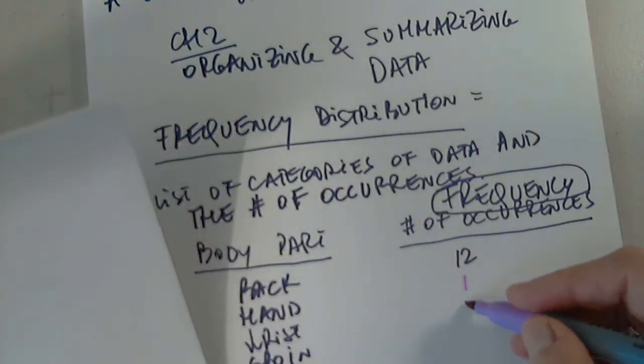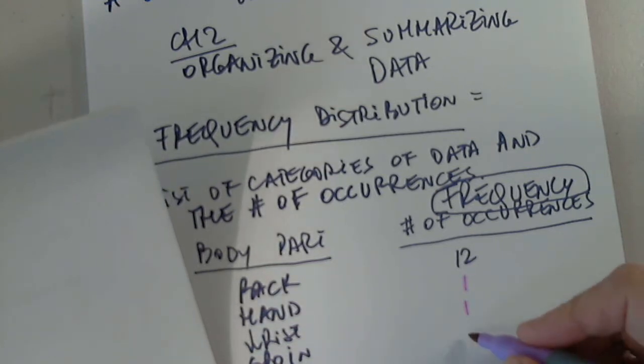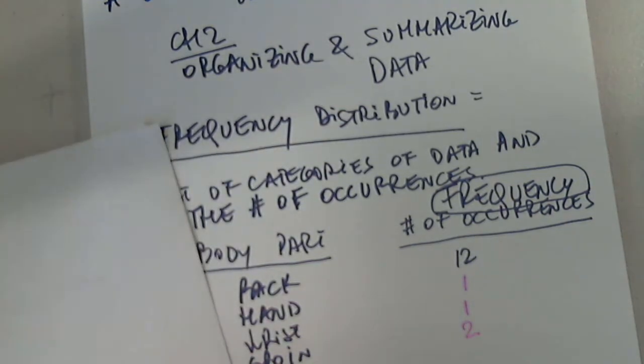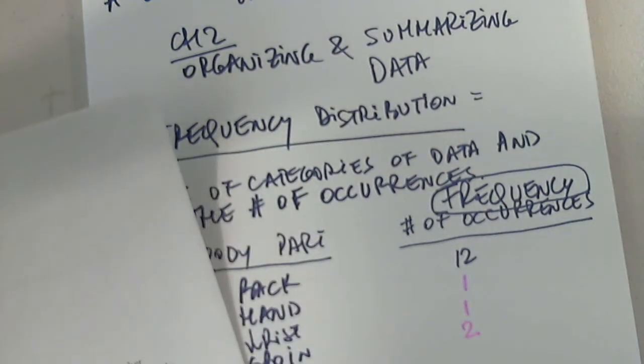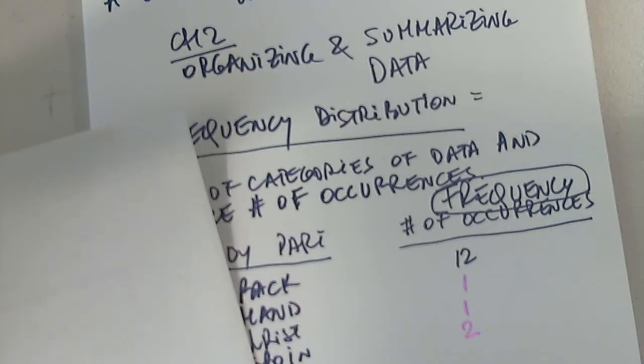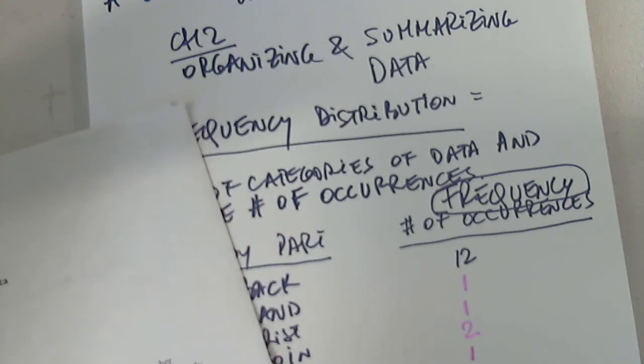Only 1? Okay. How many we found for groin area? I found 2. Do we have more than 2? Okay, what about elbow? Only found one. Good. For shoulder, 2, 3, 4. I found 5.